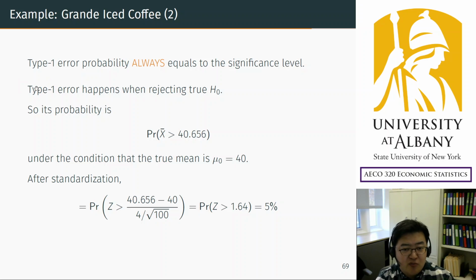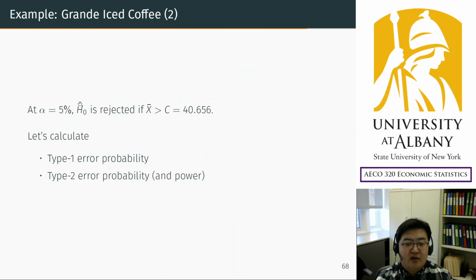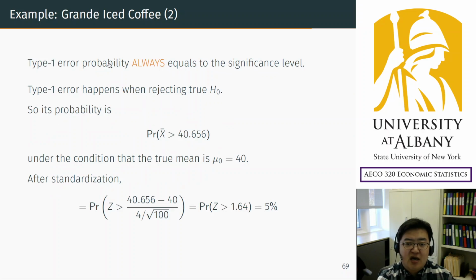Actually, you don't need to remember what the type 1 error probability is. Just remember, type 1 error probability always equals the significance level. So with a significance level of 5%, the type 1 error probability is automatically 5%.